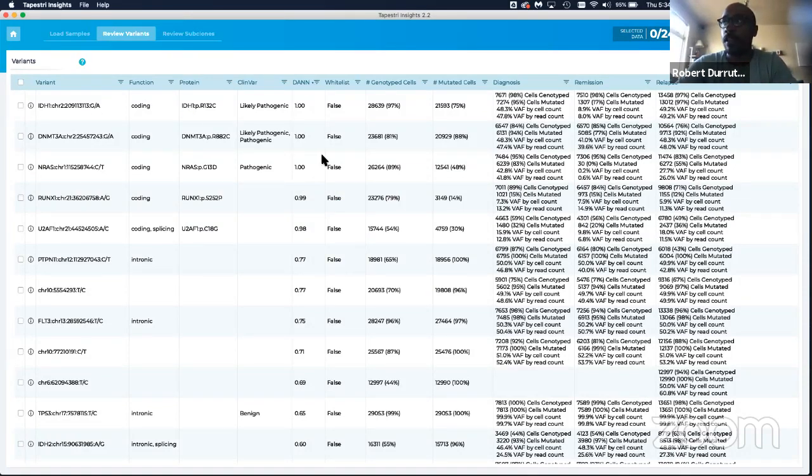Something to keep in mind as well is that all the annotations that you find in this table are based on the canonical transcript ID of a given variant.